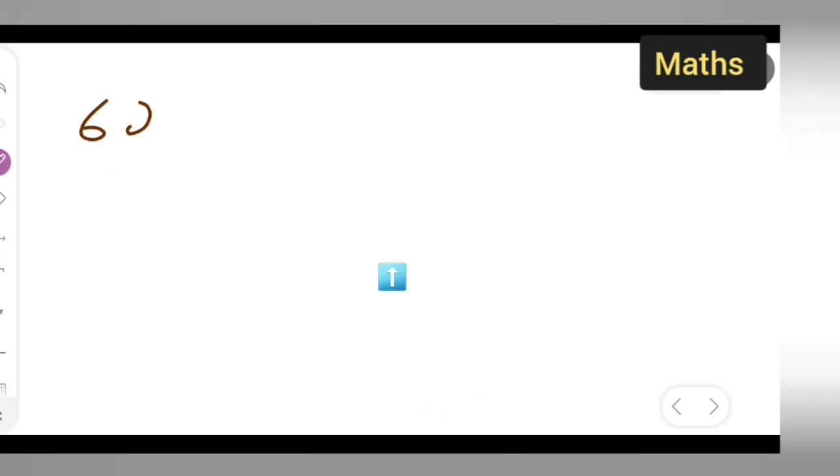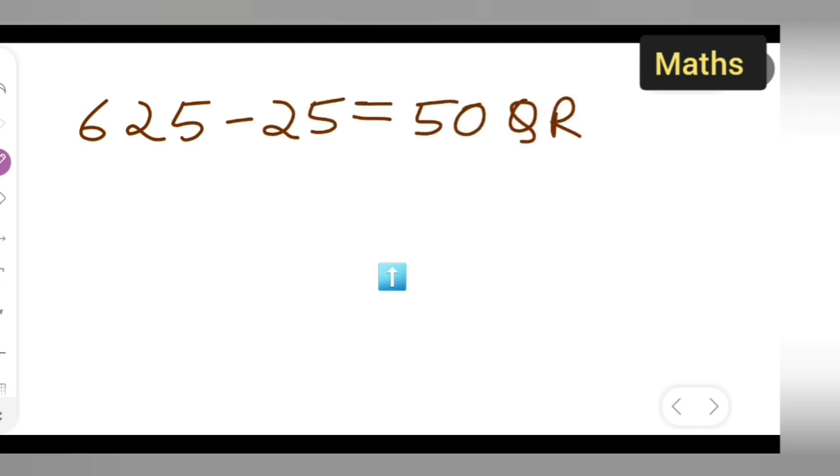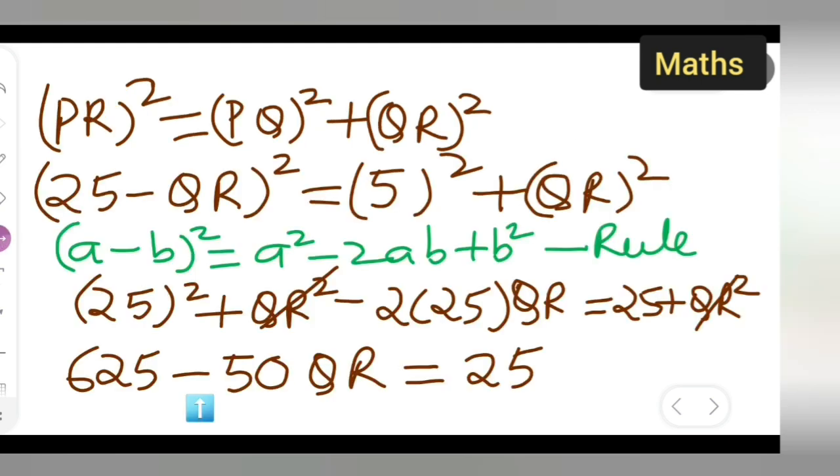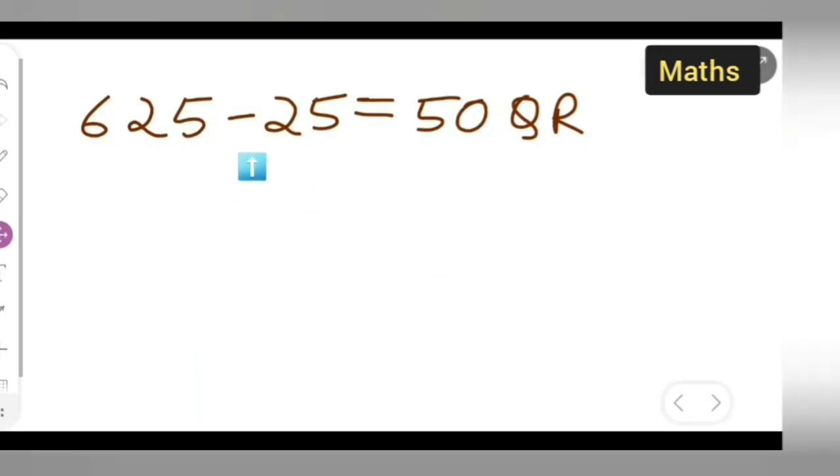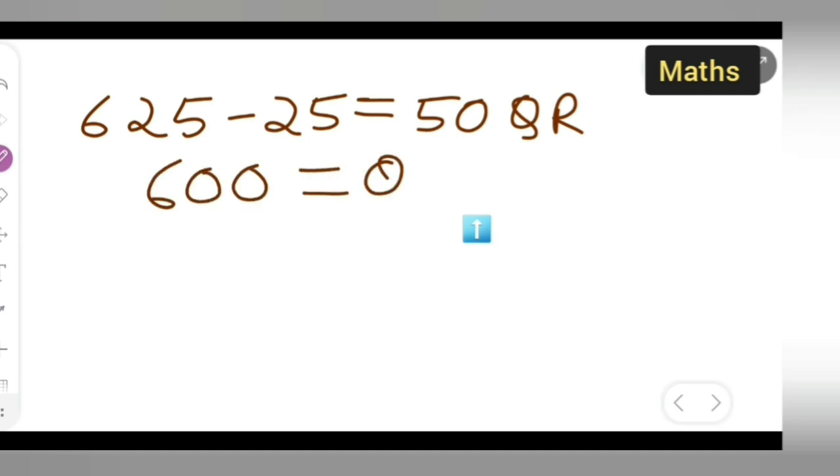So 625 minus 25 is equal to 50 QR. So what I have done is I have taken this minus QR other side, so it will become plus QR, and here it will become minus 25. 625 minus 25 is going to give you 600, is equal to this QR.